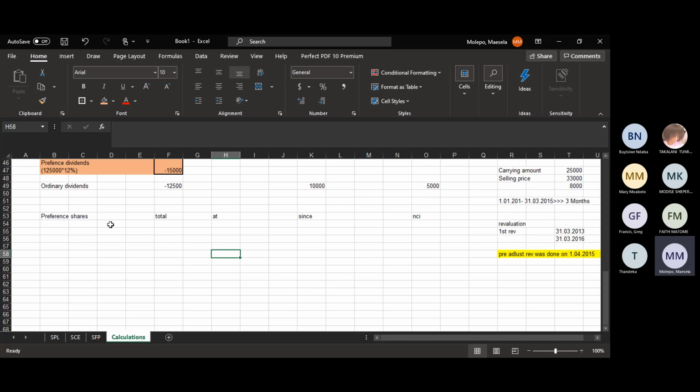On the preference shares, at acquisition, we've got share capital. So the share capital of Khatebe for the preference shares is how much? Cumulative preference value, please. 57,500.